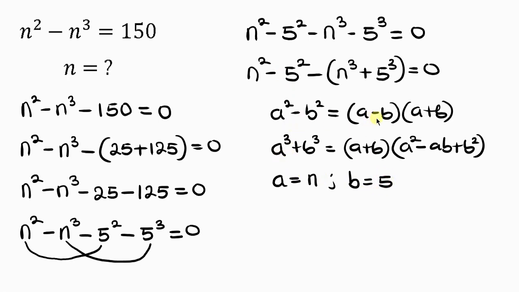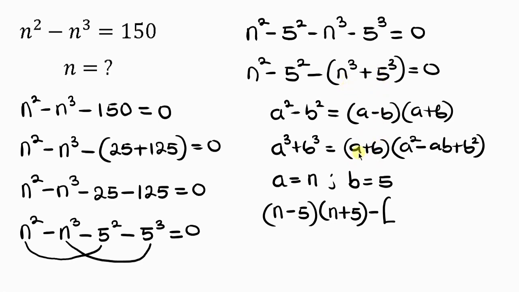So difference of two squares, we have a minus b, which is n minus 5, times a plus b, which is n plus 5, minus. Now we have sum of two cubes using the same property. A is in the form of n and b is in the form of 5.